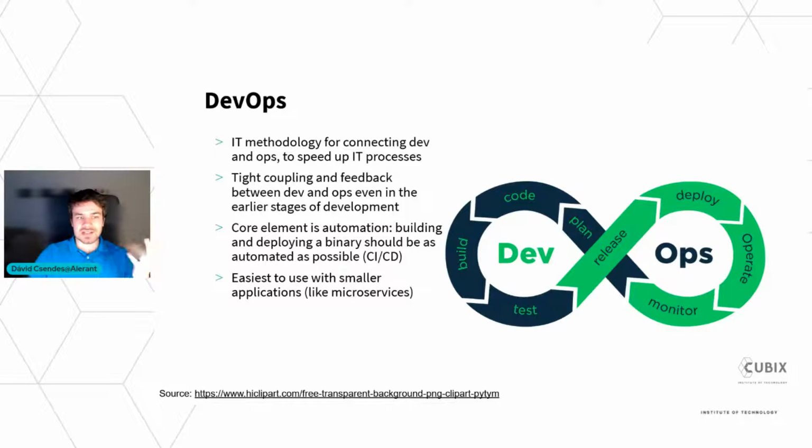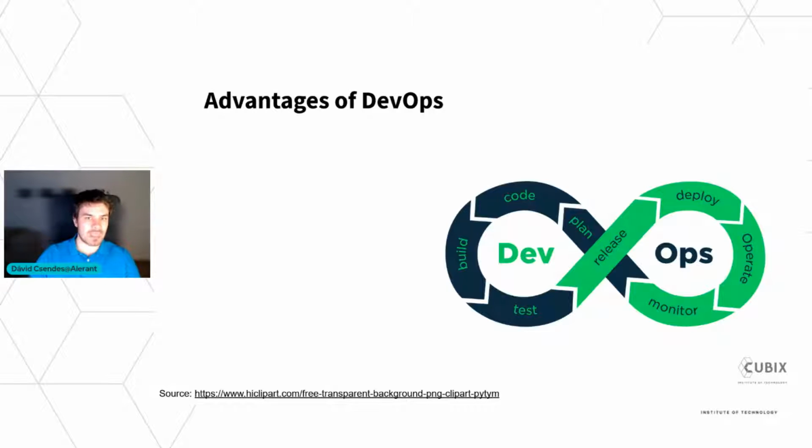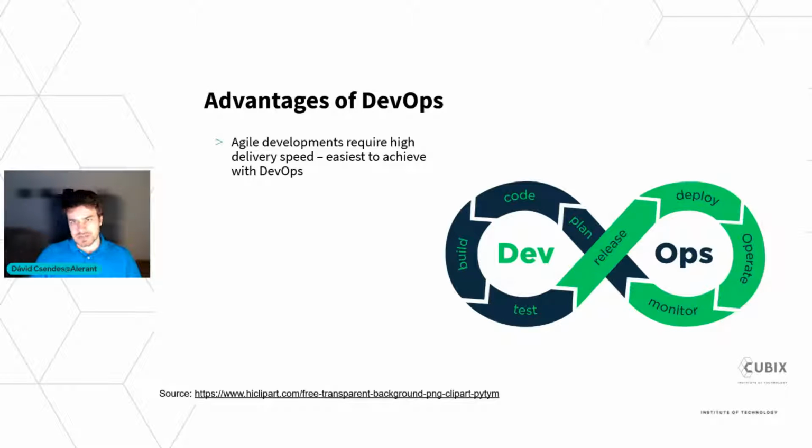Because DevOps is trying to get more speed in our processes, it is easiest to use with smaller applications. And with that, we can get in the direction of microservices. So why is DevOps useful for us? Agile development, which is also closely related to all this stuff that we are talking about today, requires high speed. And the easiest way to achieve this is with the help of the DevOps methodology.